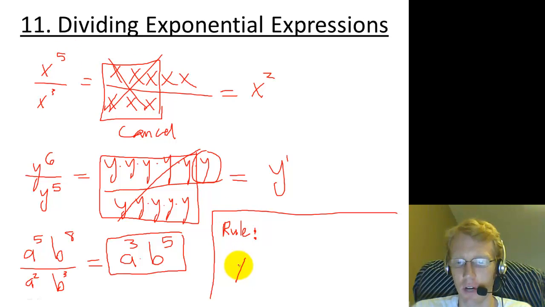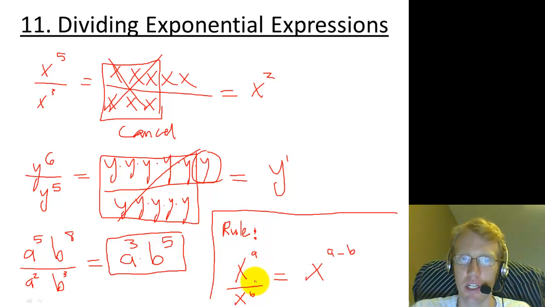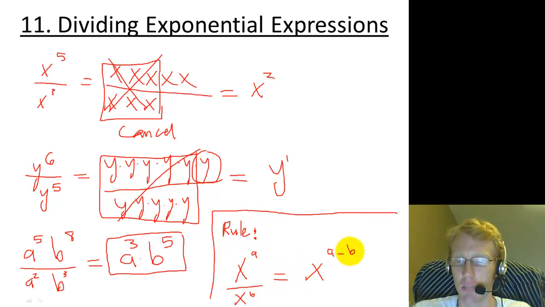So if you have x to the a divided by x to the b, your answer is going to be x to the a minus b. And this rule works for dividing exponents. It doesn't matter, a and b could be any numbers, and when you divide them, you keep the base the same, the base stays as x, and you subtract the exponents.